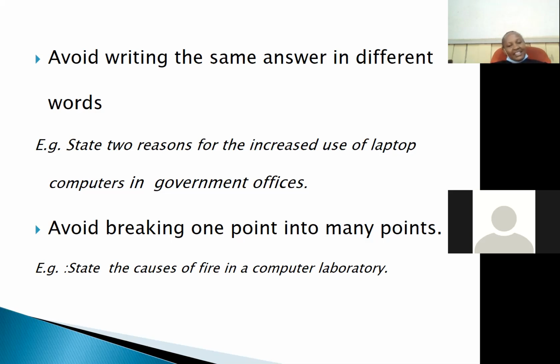One of the correct answers is that laptop computers are portable. That's point 1. What if you say in point 2 that laptop computers are easy to carry? That is one and the same point. So avoid writing the same point in different words, because that's what we call repetition. You are just repeating the same point but using different wordings.